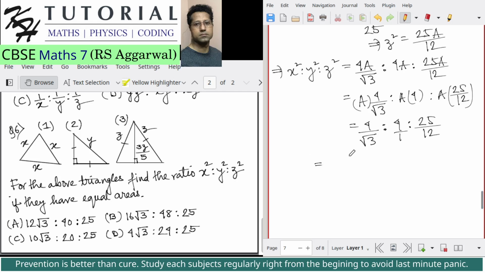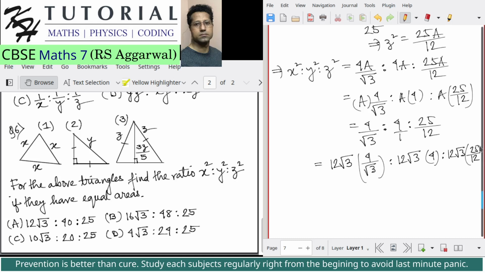Why 12 into square root of 3? Because the denominators are square root of 3, 1 and 12, and their product is 12 into square root of 3. So this is 12 into 3 multiplied by 4 is to 12 into 3 multiplied by 25 by 12.